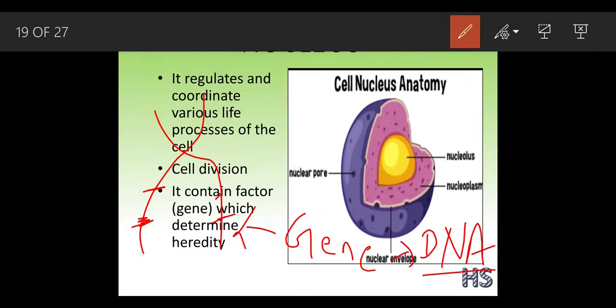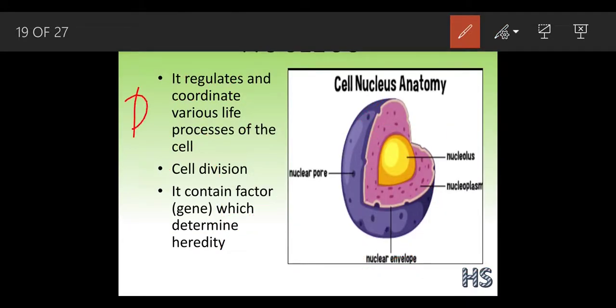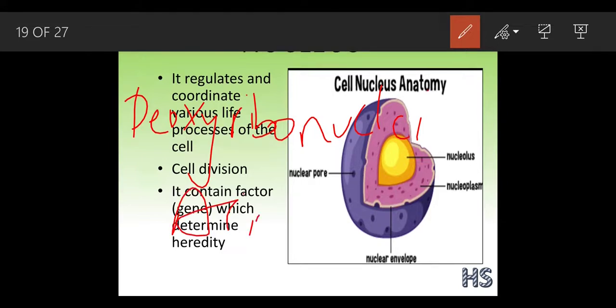The abbreviation of DNA is deoxyribonucleic acid. What is this DNA? This DNA is a complex chemical substance, which is present inside the human.